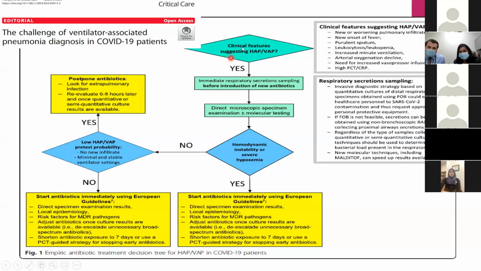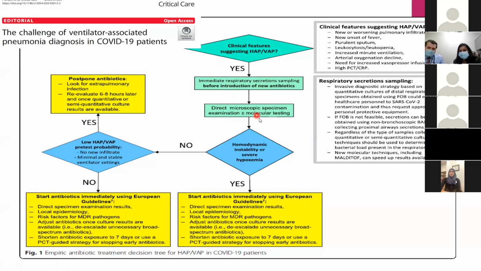So with this one, it starts out up here at the top: clinical features suggesting HAP or VAP. Yes, immediate respiratory secretion sampling. Like you're saying, the goal is to get good cultures and try to get an organism, plus direct microscopic specimen examination, plus or minus molecular testing.